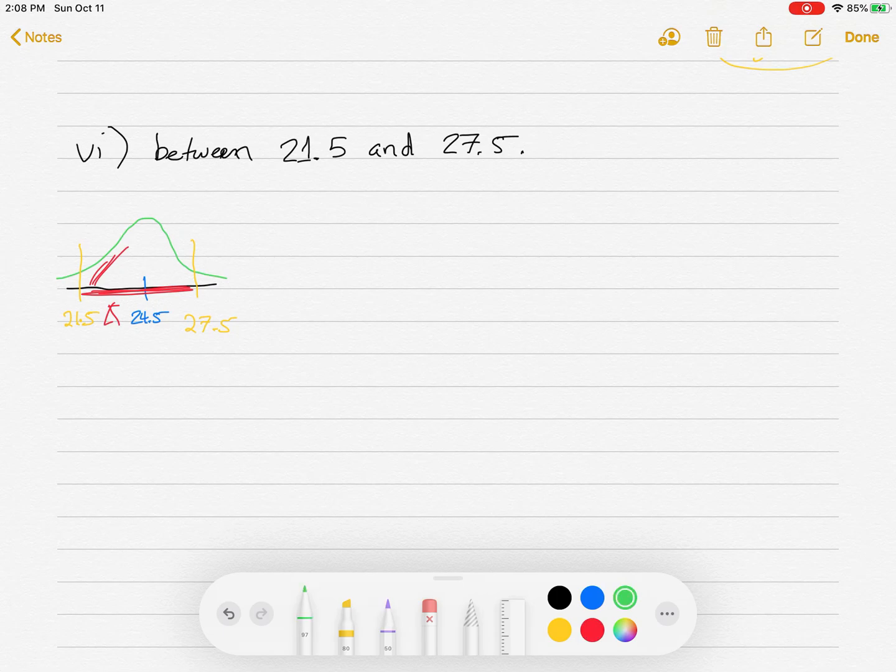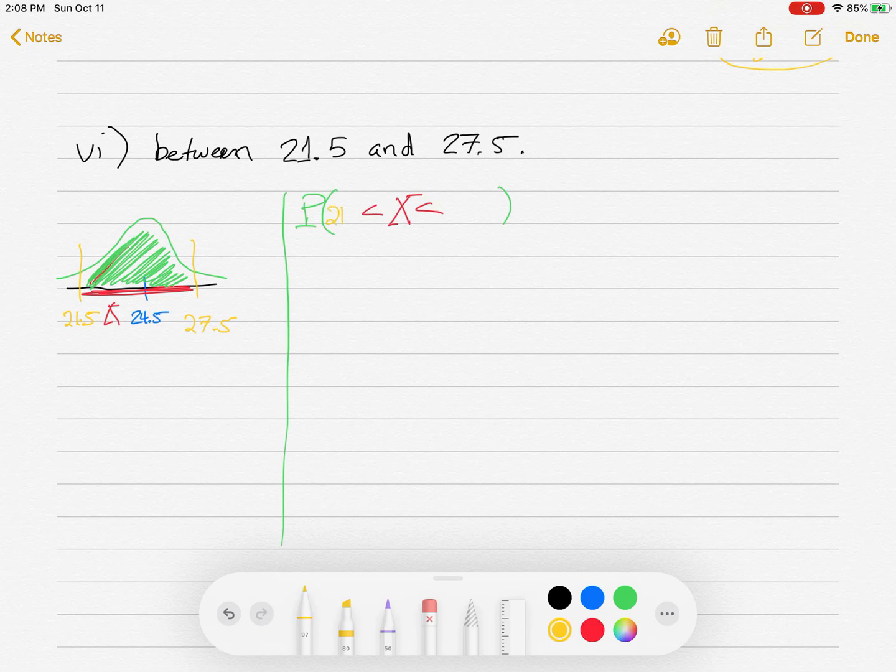So what you want is an X value, a BMI, in between those. To find that probability, or that percentage, we're going to find that area in between 21.5 and 27.5.